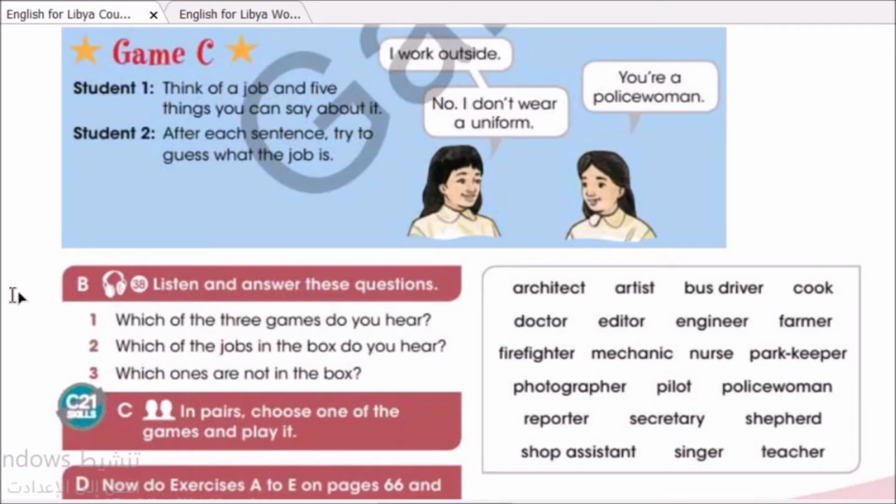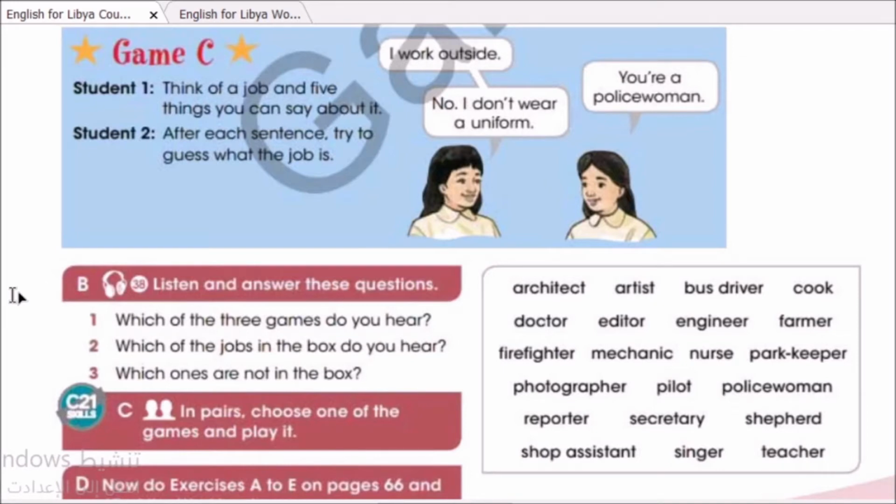"Yes, Miss Hadil." "Student 2 has to try to find out what the job is. Student 2 can ask 5 questions. Only 5, no more. If you can find out the job with 5 questions or fewer, you get a point. If not, nothing, right? You can begin. I'll listen."